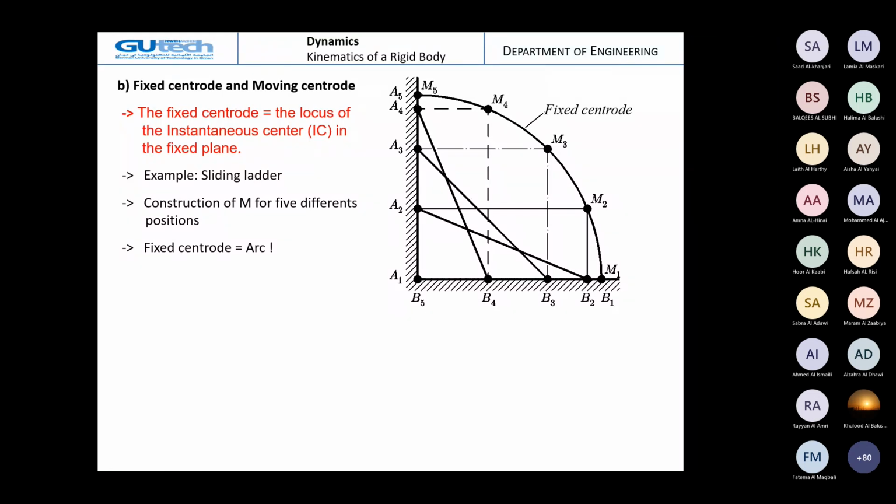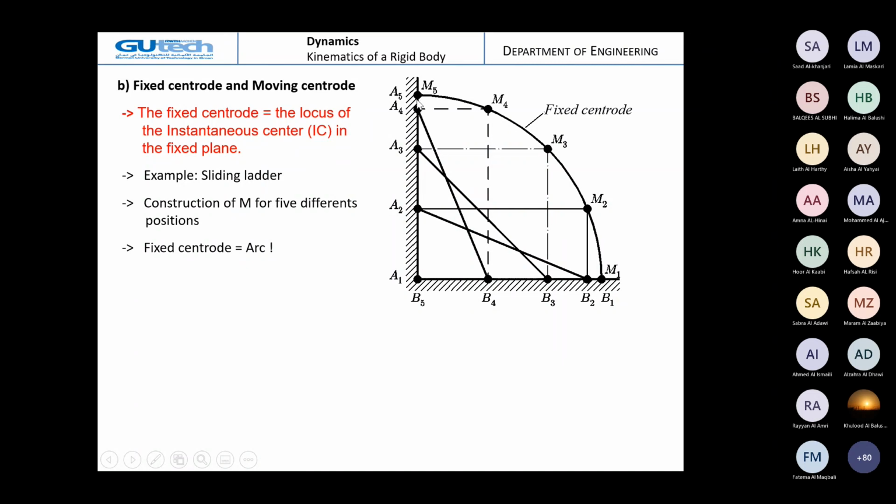Now we look here, for example, at what we call the fixed centroid. What it's describing, the ladder, is only a quarter of the circle. We have the initial position, for example, here.